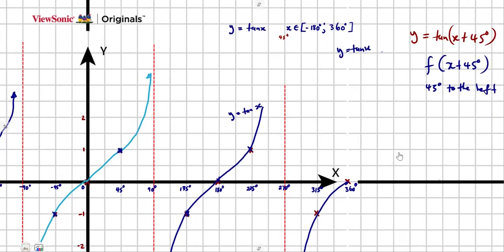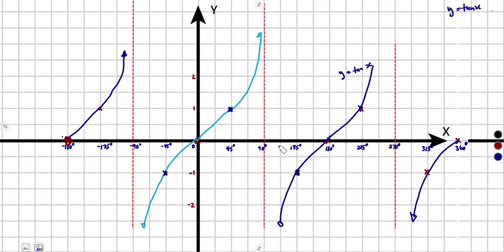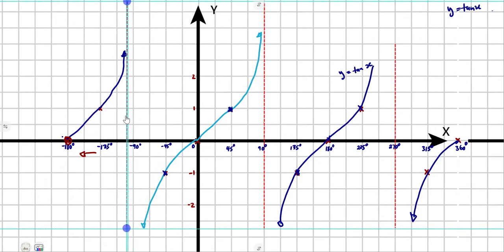So the points we're going to shift, what we have at 0 degrees is going to happen at minus 45 because we're going to the left. This is the effect. What was happening at minus 90? We are moving to the left. So even the asymptotes will be affected from where they are. We'll be having this asymptote now moving to the left 45 degrees.